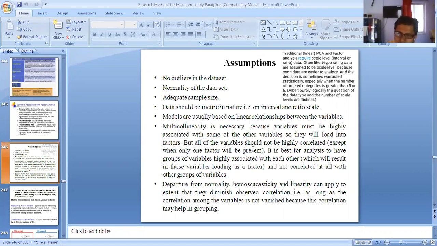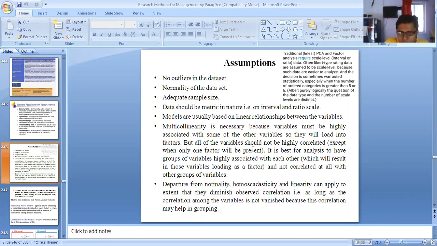Whenever you perform an exploratory factor analysis model, suppose you will have a lot of data, a lot of variables. Those variables must be very highly correlated with each other, but all of the variables should not be correlated unless there is only one factor.